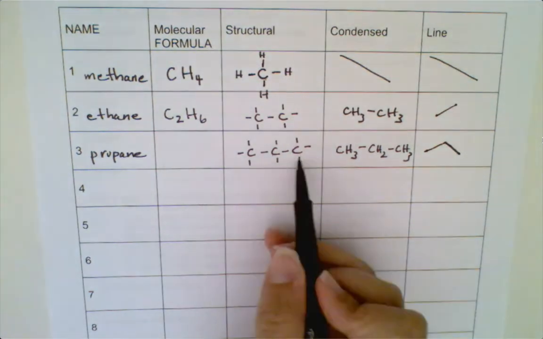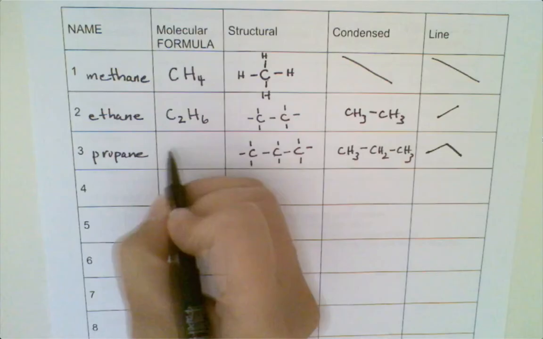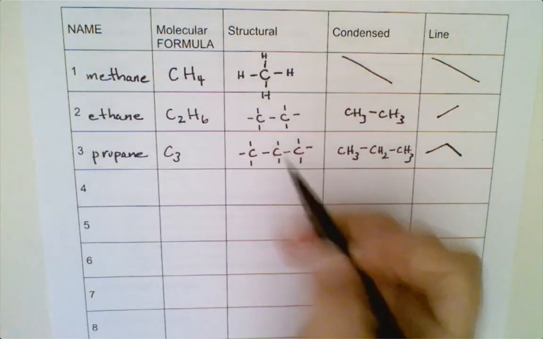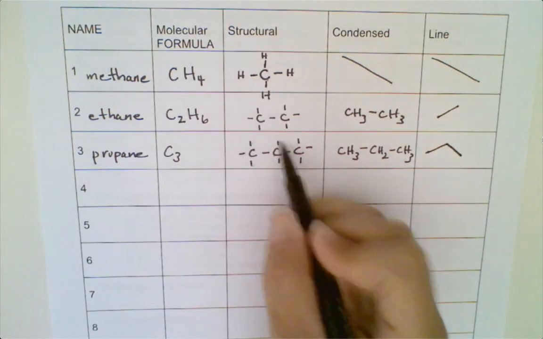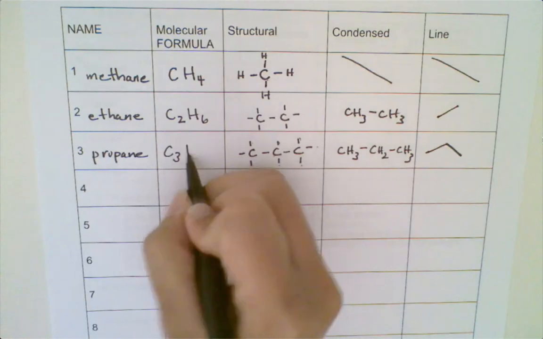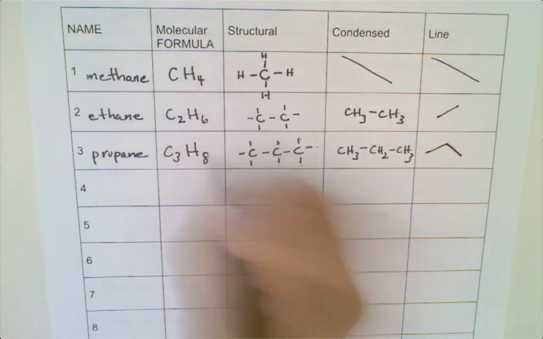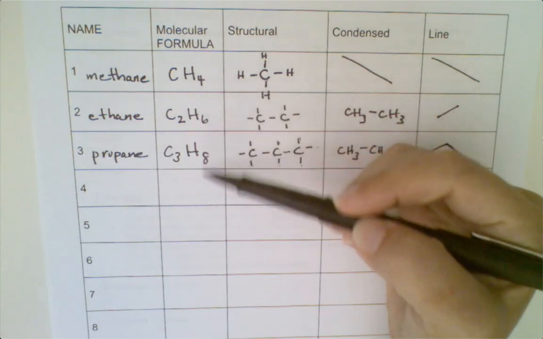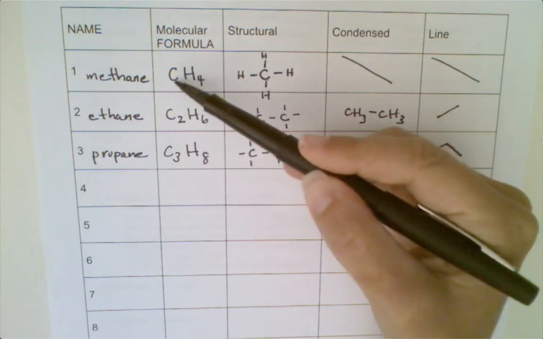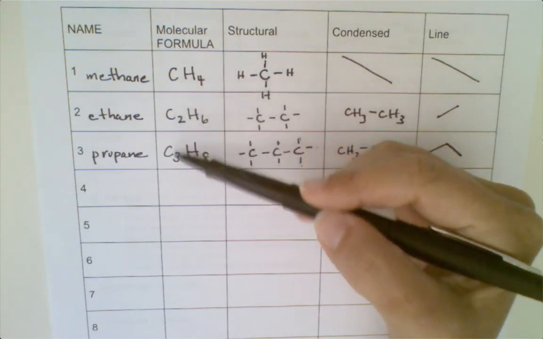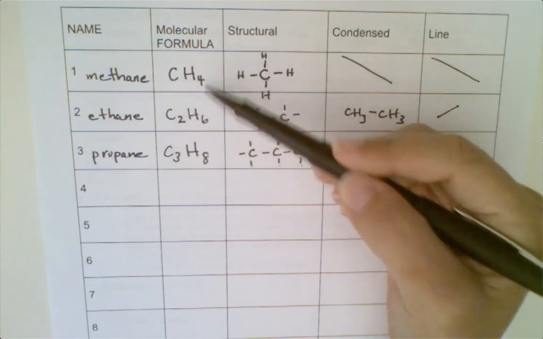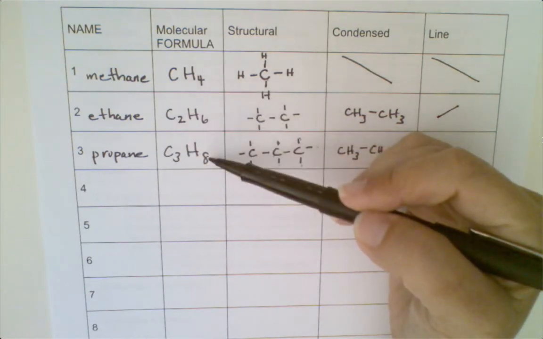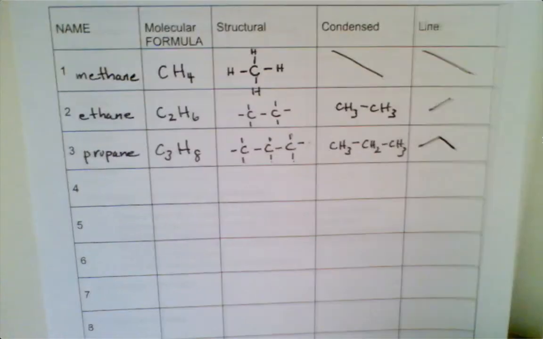When I go back to do the molecular formula, I see that we have 3 carbons in total, and 1, 2, 3, 4, 5, 6, 7, 8 hydrogens. Not sure if you are noticing a pattern here, okay? In terms of when we increase the number of carbons by 1, what happens to the number of hydrogens? I'll do one more with you.